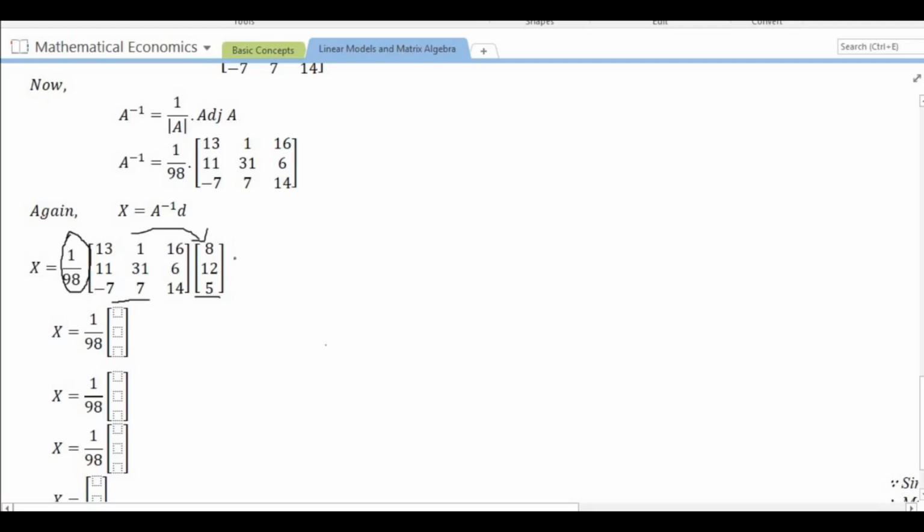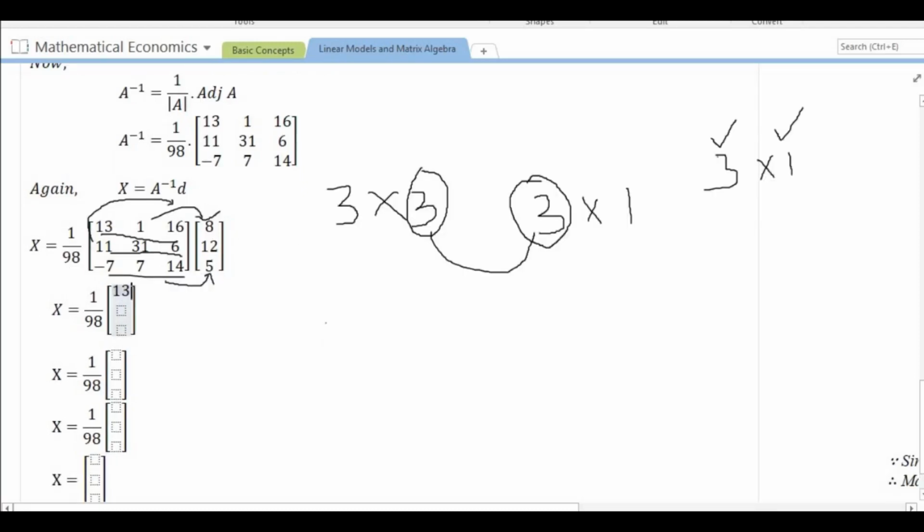Now we know the rule of multiplication and the multiplication process. Let us start with the first row. 13 times 8 plus 1 times 12 plus 16 times 5.